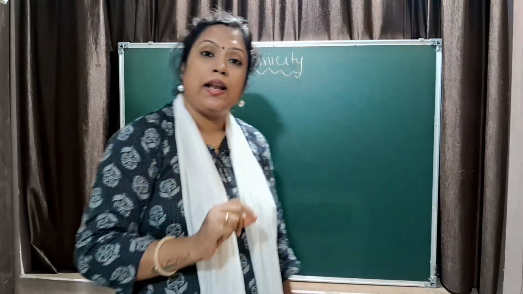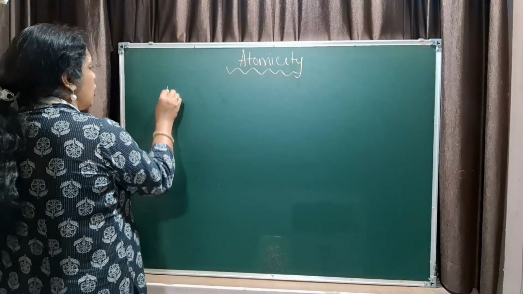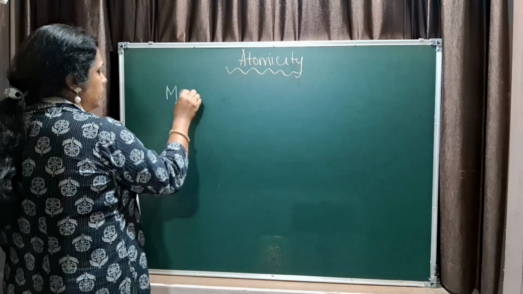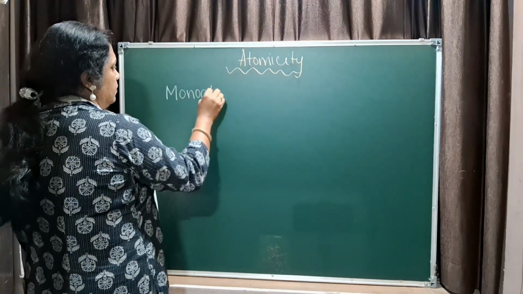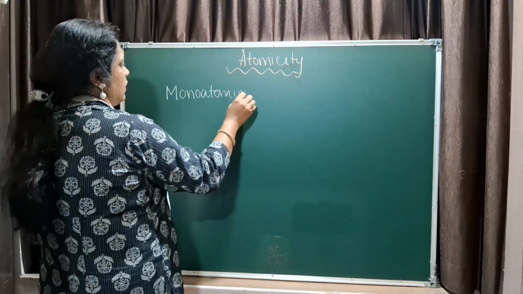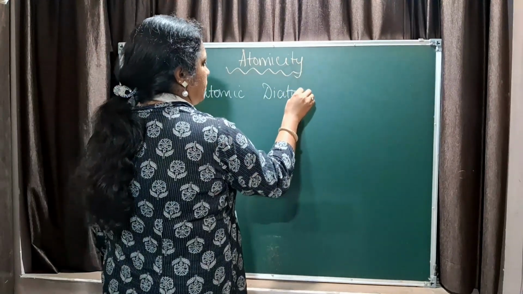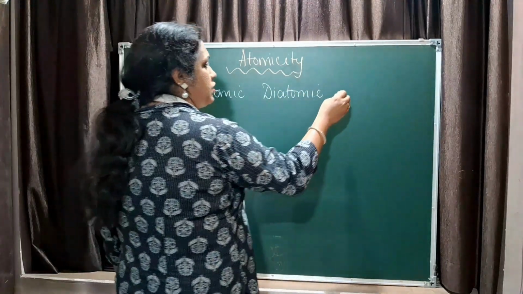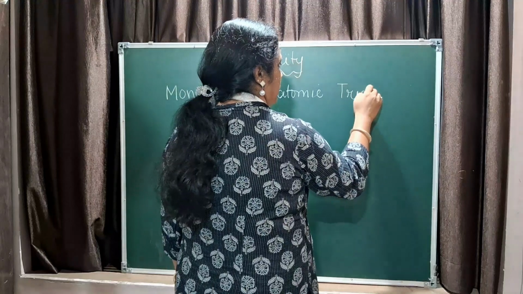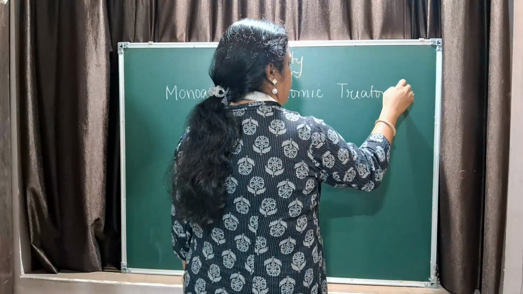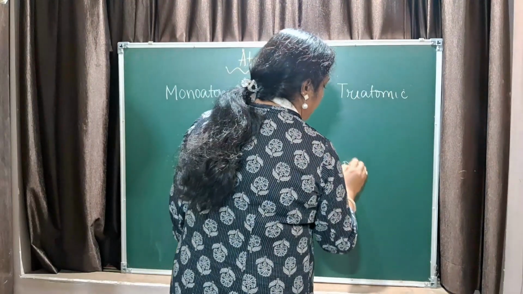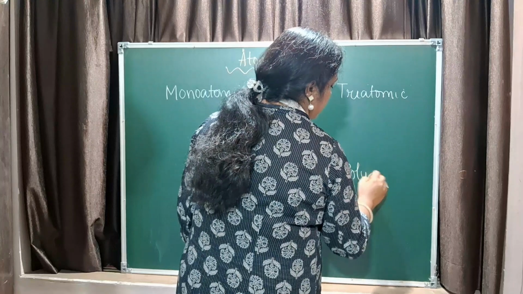So based on the number of atoms present in a molecule, you can have the molecules as monoatomic, diatomic, triatomic, and polyatomic, that is more than 3.